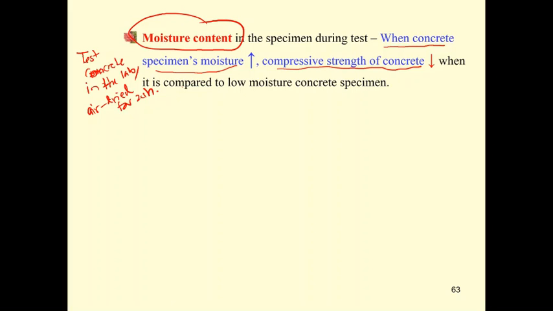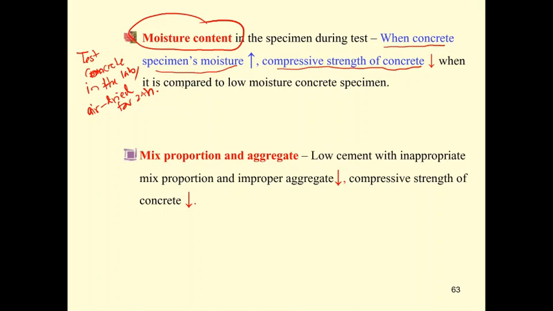That's what the specification requires you to do, so that's going to be the reference, 24 hours. And if you test the specimen earlier, you may get lower compressive strength due to the wetness of the component.